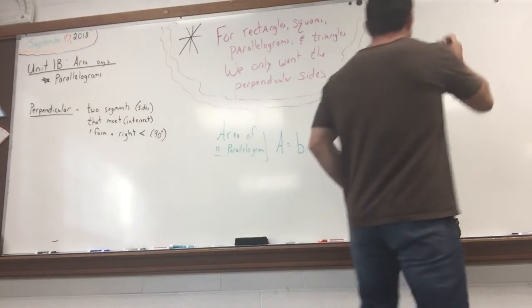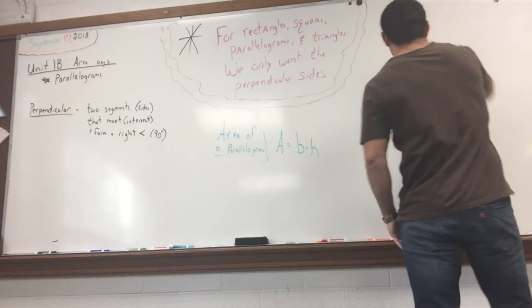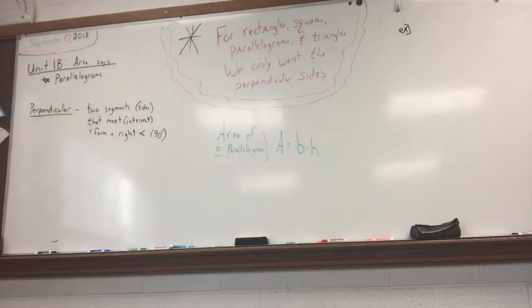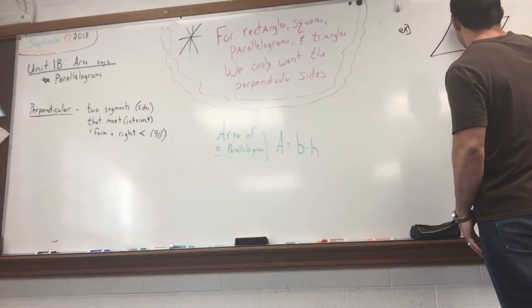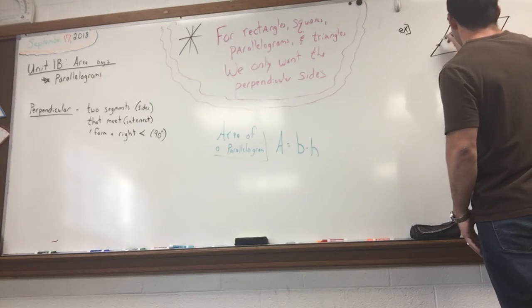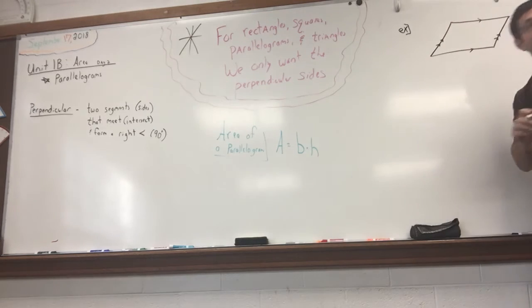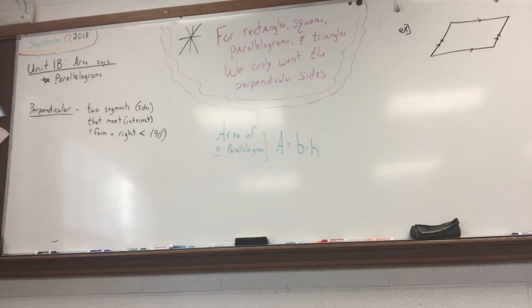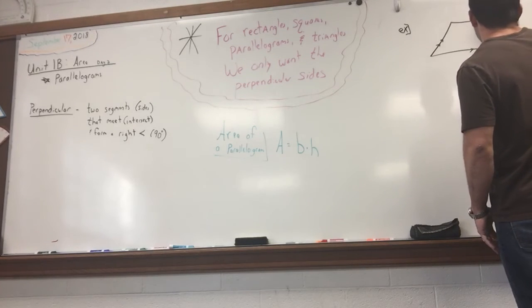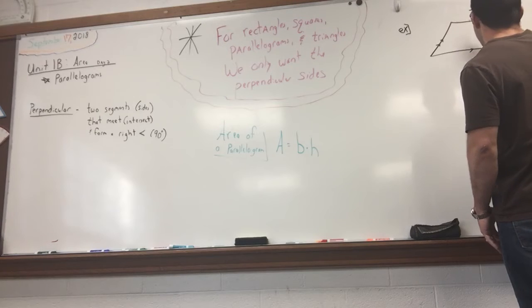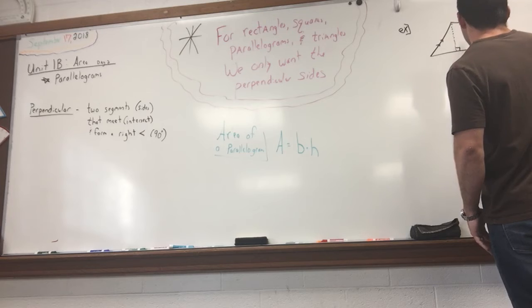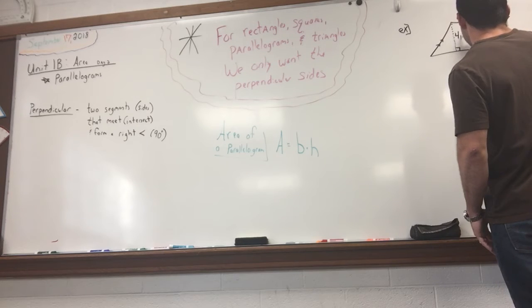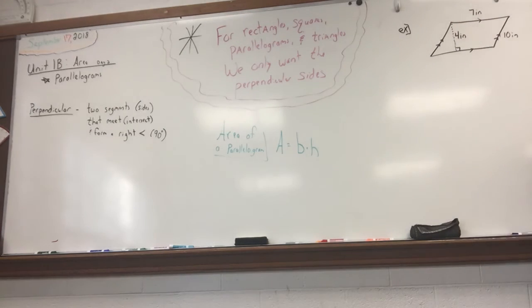So let's do an example. Here's my parallelogram. We know it's a parallelogram because both pairs of opposite sides are parallel. And we're going to have this. 7 inches, 10 inches, and 4 inches.